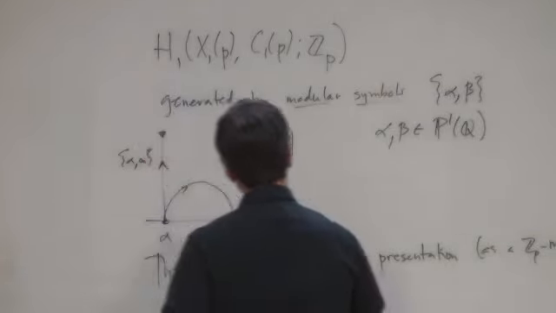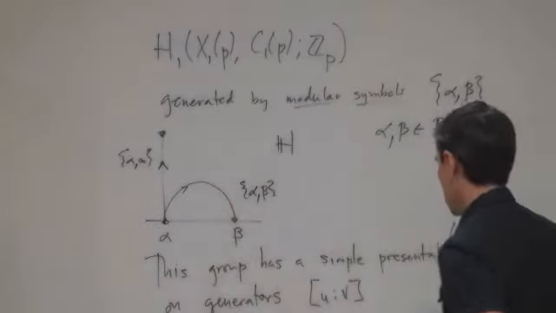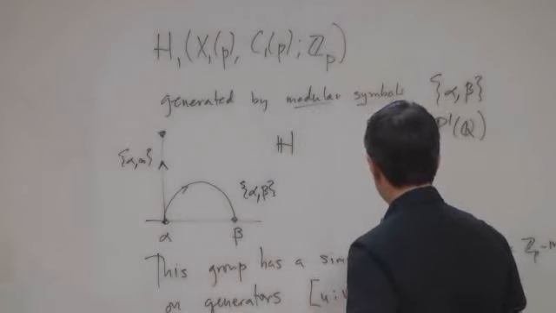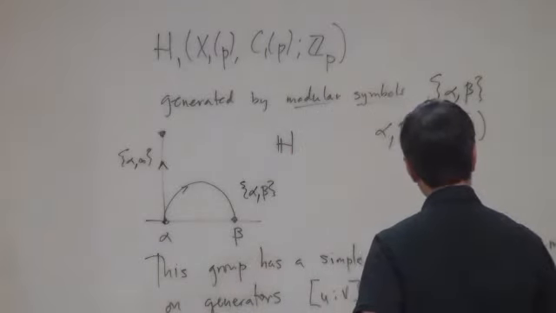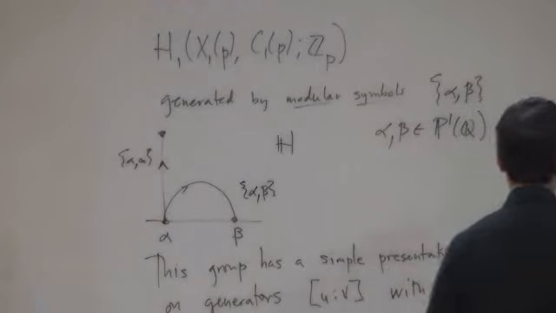I'm going to call them [u:v], with u and v in Z/pZ, not both 0.